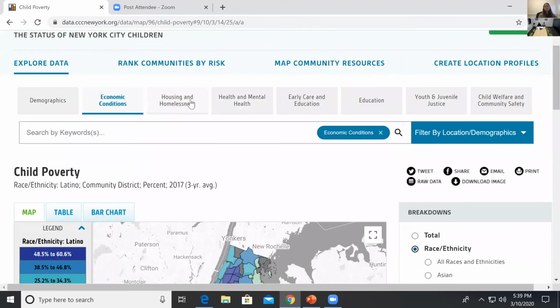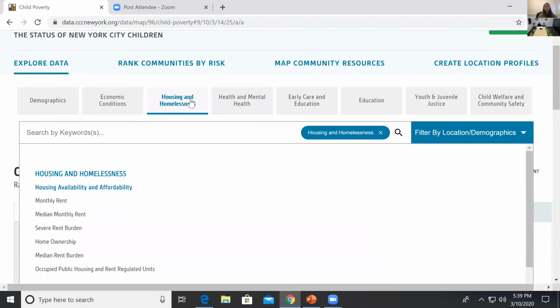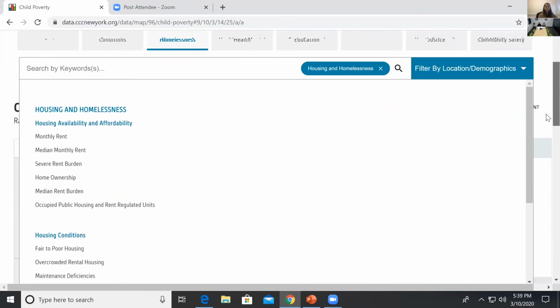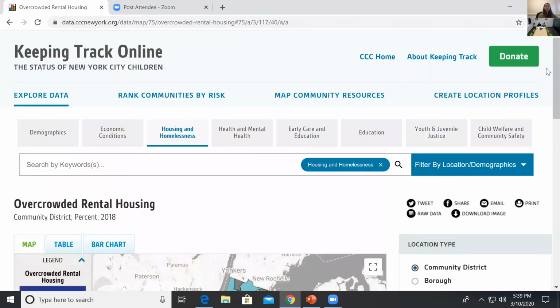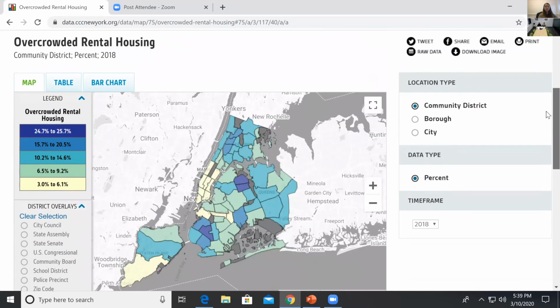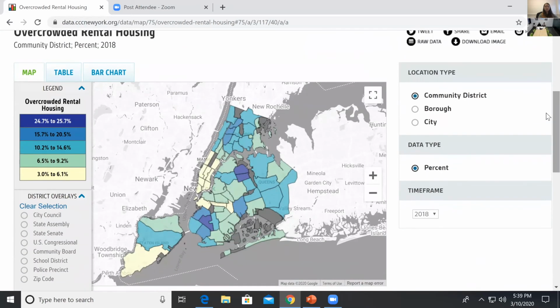Right now, homelessness and housing is a big issue. So we can look at where there's overcrowded rental housing, which is a main driver of families going into homelessness. And again, you can just compare all 59 community districts to each other.